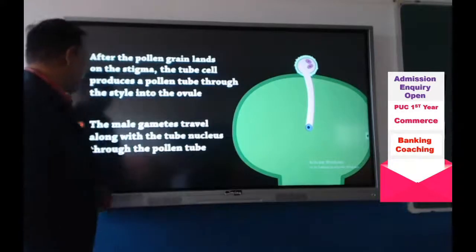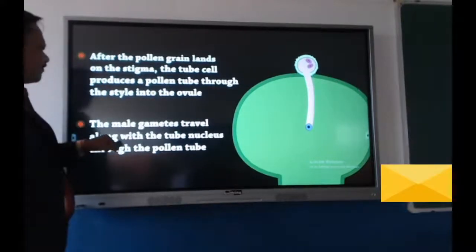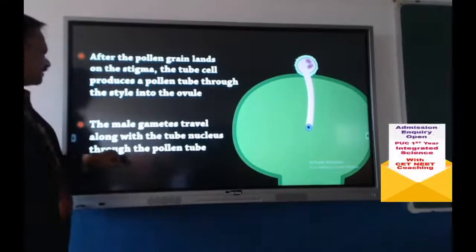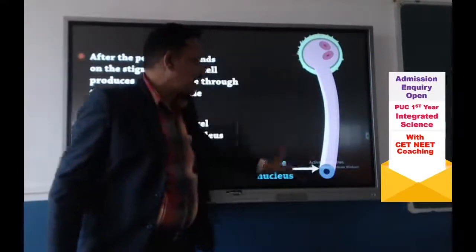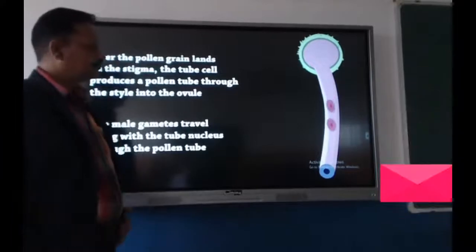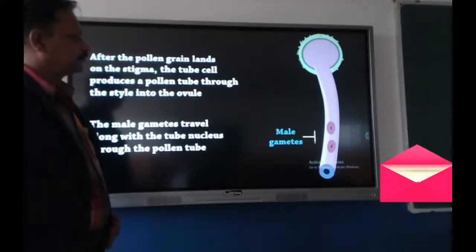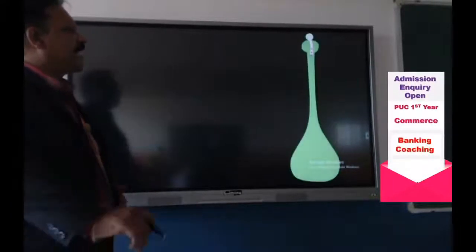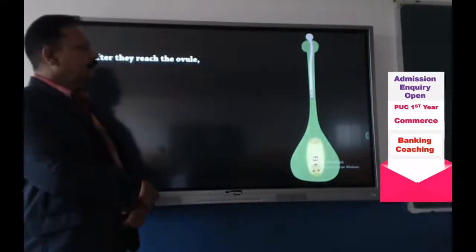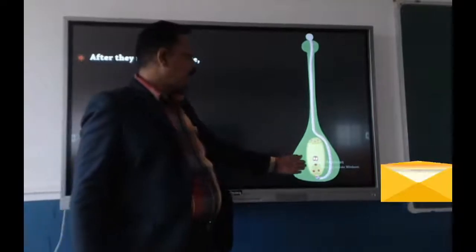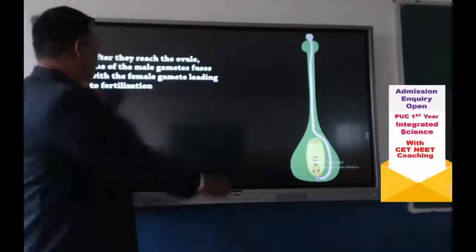The male gametes travel along with the tube nucleus through the pollen tube. So you observe two male gametes traveling down, and the tube enters and comes to the ovule.